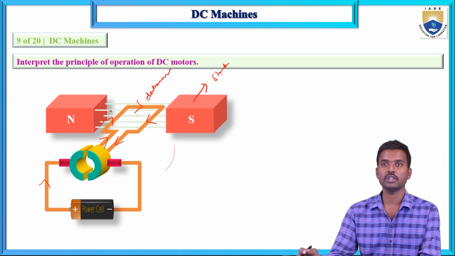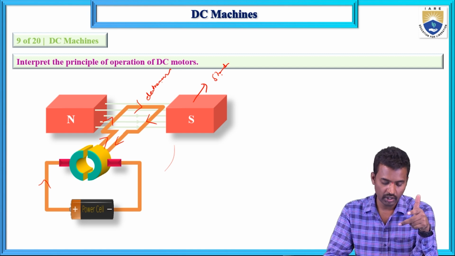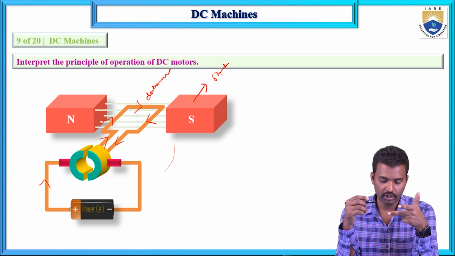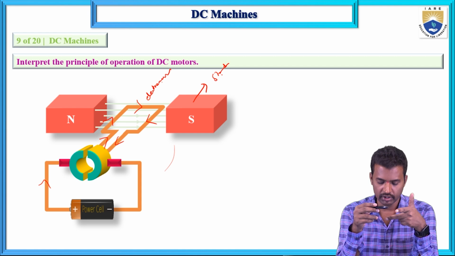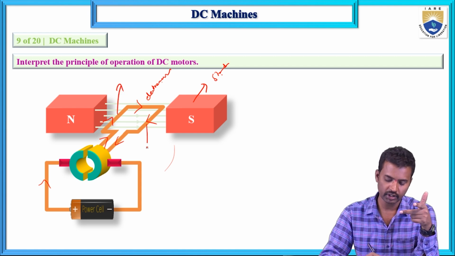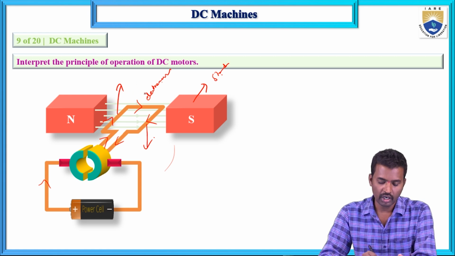If you apply Fleming's left hand rule, the middle finger direction is the flux direction, and this one is the current direction. Here the force is in the upward direction, and here in the downward direction. After clockwise rotation of 90 degrees, it comes to the vertical position, where there is no force, and because of moment of inertia it comes to the horizontal position.